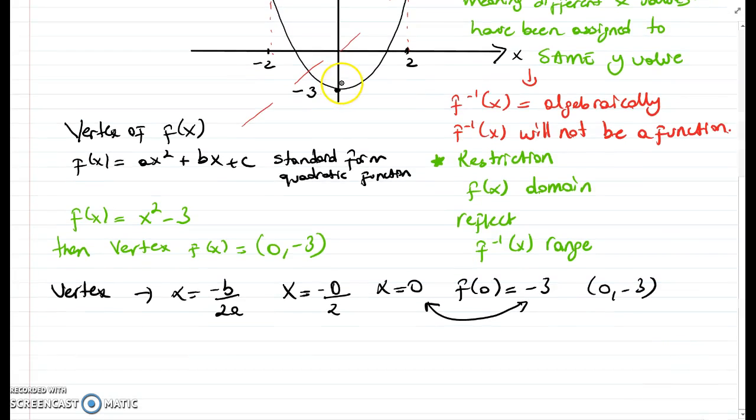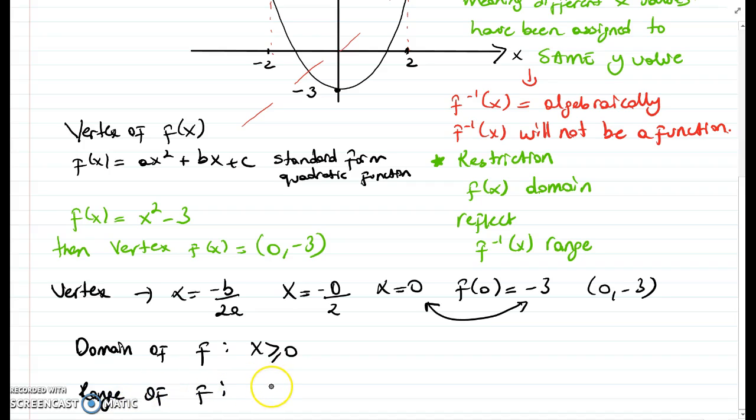So by looking at that vertex, the x value of that vertex is going to tell me which side of the parabola I can take. So domain of f, I will be taking x greater than or equal to 0. Then in that case, range of f will be equal to y values greater than or equal to negative 3.